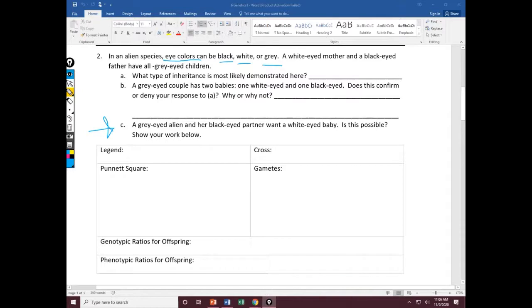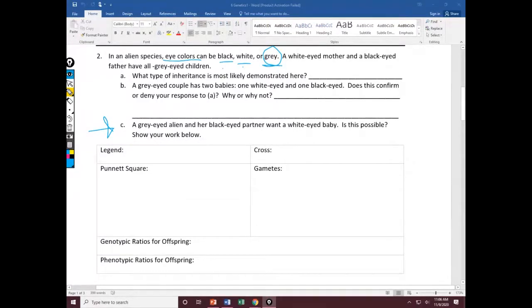The other thing I would use is, as I look in detail at what these phenotypes are, I see that I have black, white, and gray as this last one.